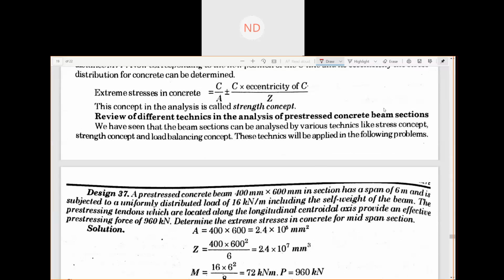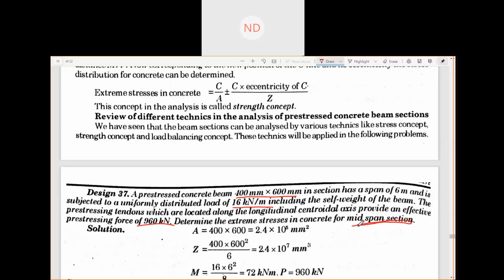If a prestressed concrete beam 400 mm by 600 mm in section has a span of 6 meter and is subjected to a uniformly distributed load of 16 kN per meter, including the self-weight of the beam, the prestressing tendons, which are located along the longitudinal centroidal axis, provide an effective prestressing force of 960 kilonewton. So determine the extreme stresses in concrete for midspan section. At the midspan, we are asked to calculate the stresses.